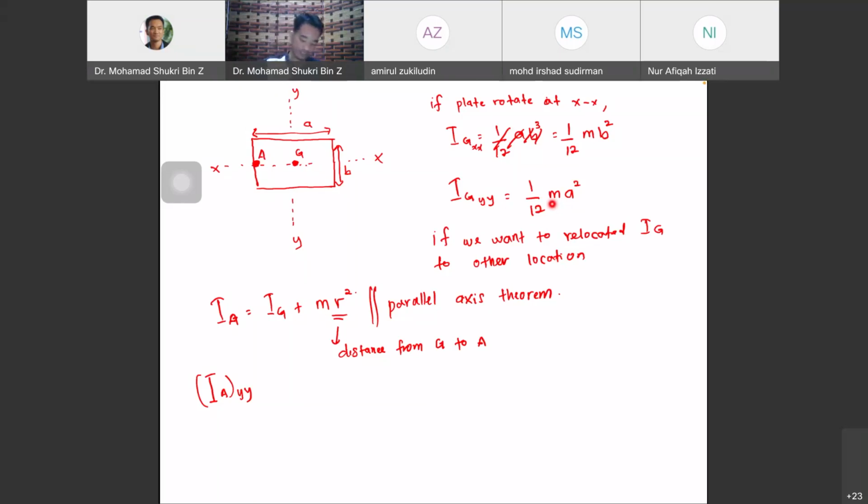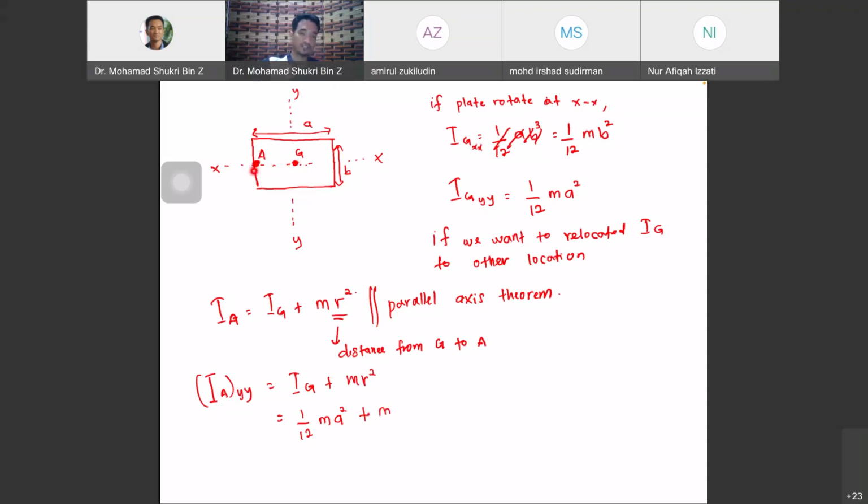So how do I move it? Just use the formula IG plus MR squared. IG is 1/12 MA squared, plus mass times R, the distance from G to A. This one.